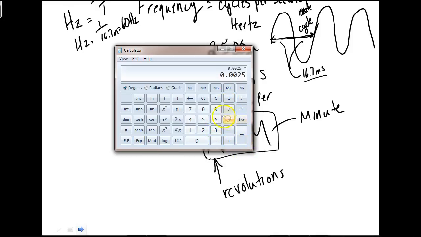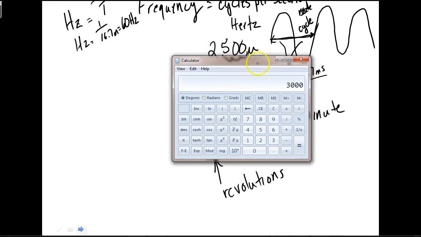And then times 8 equals 20, right? Then what do I need to do now? Then I would take the reciprocal of that, and that gives me the revolutions per second, right? Y'all follow this? And then I multiply it by 60, and this gives me the revolutions per minute. Are we okay?